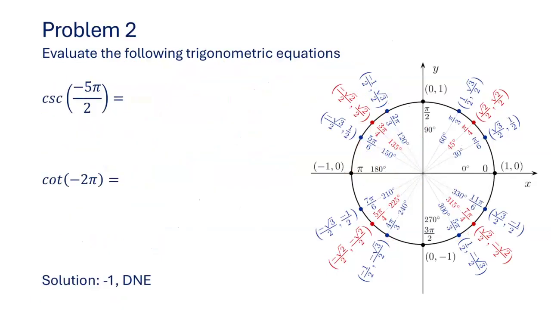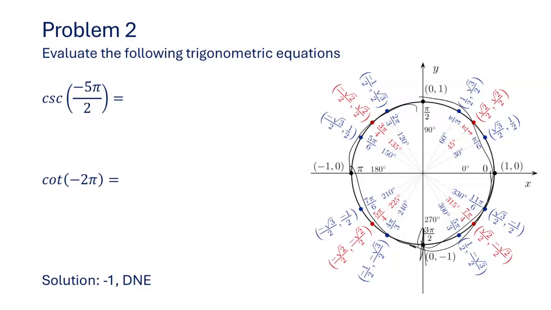Now I want to do the reciprocals. So we have cosecant. We're going to go negative 5 pi halves. So we'll go 1/2, 2 halves, 3 halves, 4 halves, and then 5 halves brings us to that line.